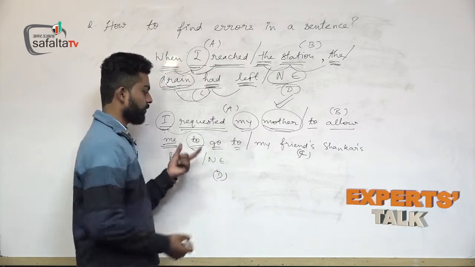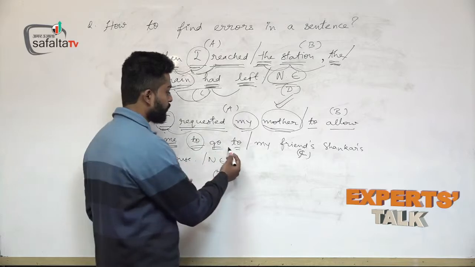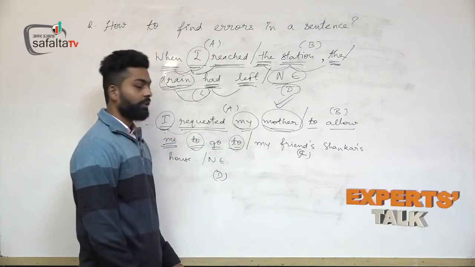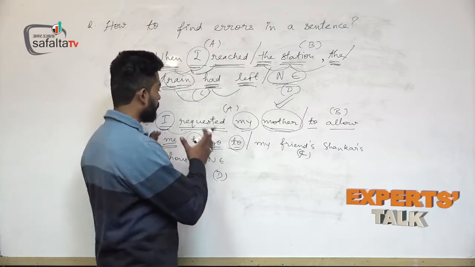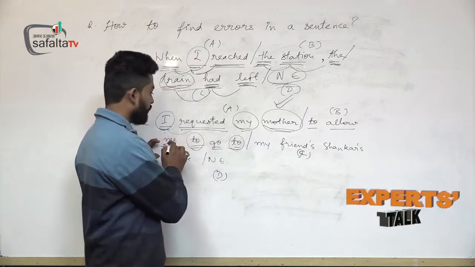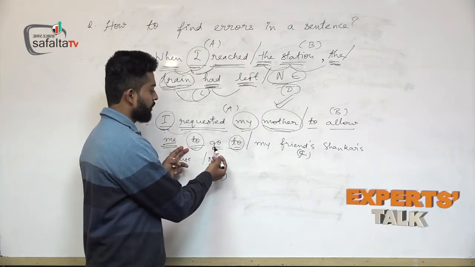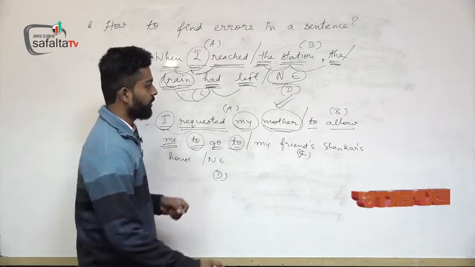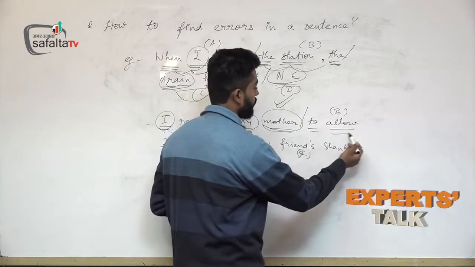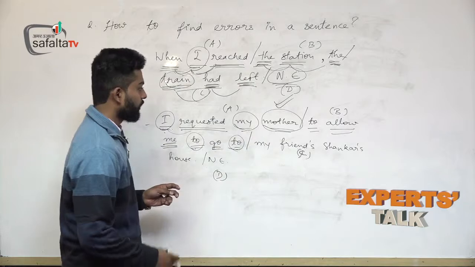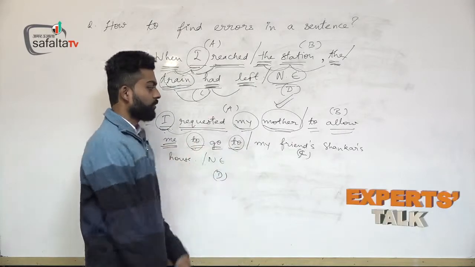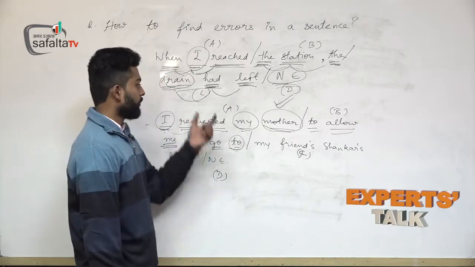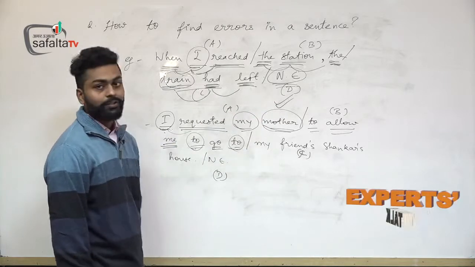To, a preposition, is used for going somewhere, and to is telling where he is going. So the correct pronoun, preposition and form of verb are used, and you can find no error in this part of the sentence. Your A part is correct, your B part is correct.